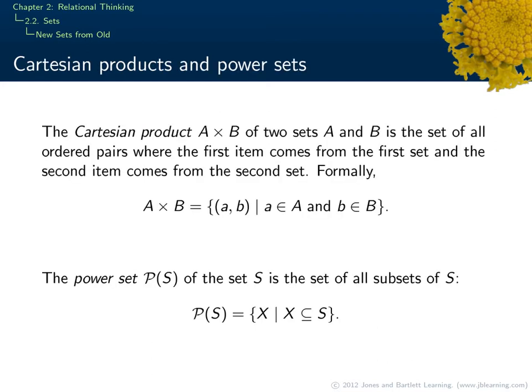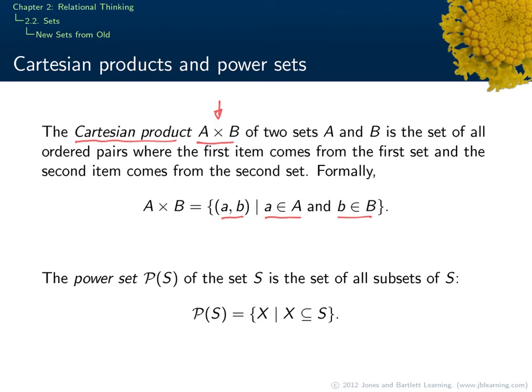We can also take the Cartesian product of two sets, indicated by A times B. What we're doing there is looking at the set of all ordered pairs of objects where the first object is from the set capital A, and the second object is from the set capital B. Now this notation is rather leading.